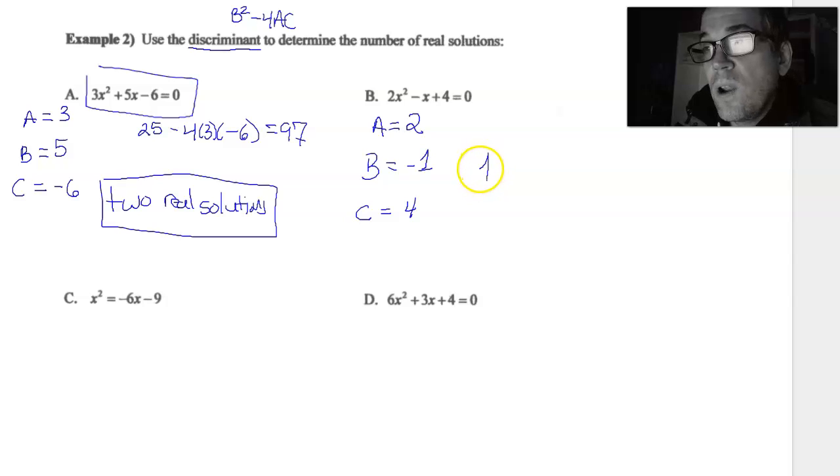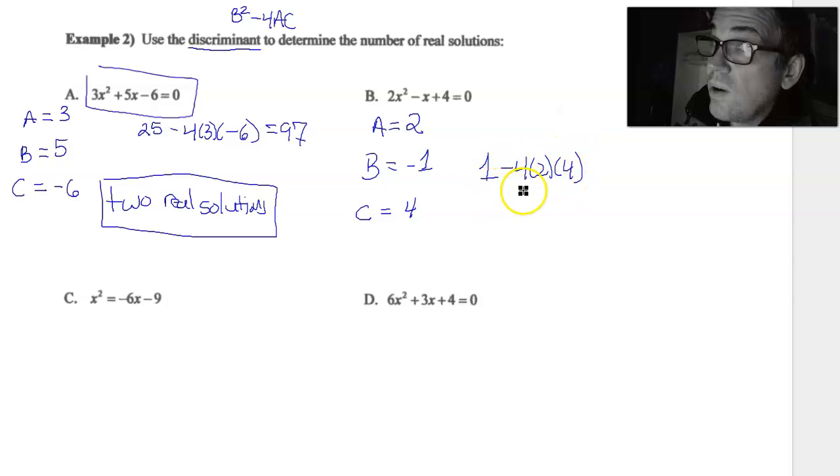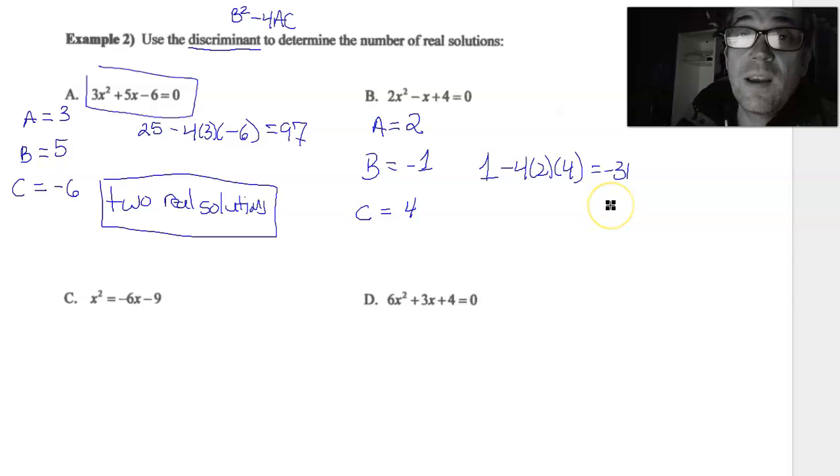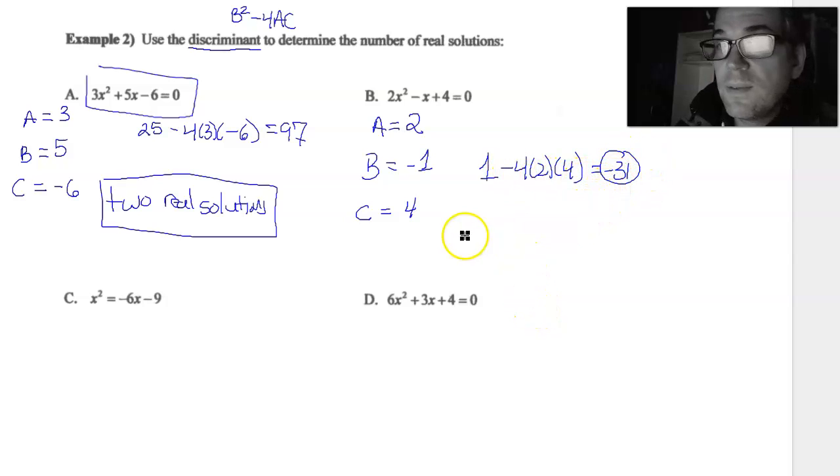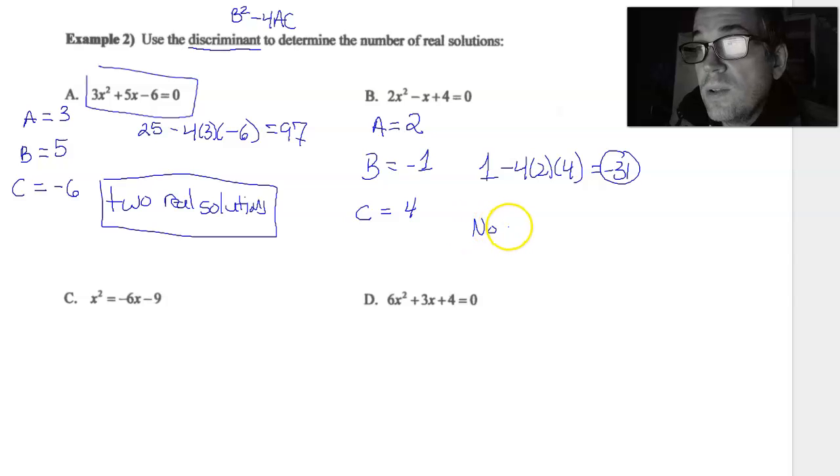We're going to always square b in our head, minus 4ac, and get a calculator out and type in 1 minus 4 times 2 times 4. It'll give us a negative 31, and I don't care about the value. I care about if it's positive, or negative, or 0. This discriminant is negative. That means there are no real solutions.